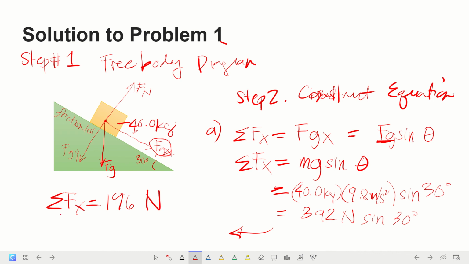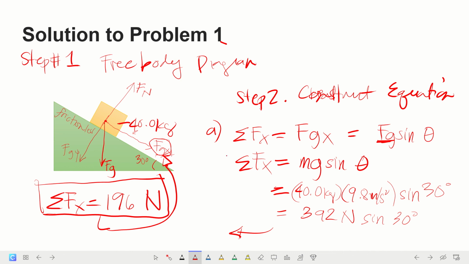This is the force that is causing our object to slide down the inclined plane, and this would be our final answer. You can say that the force causing the object to accelerate down the inclined plane is 196 Newtons. That would be the answer to letter A, question A from our problem.